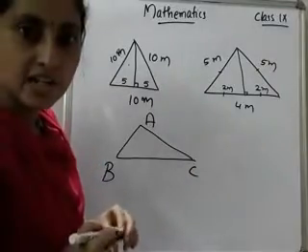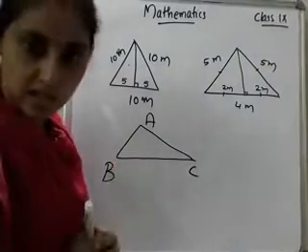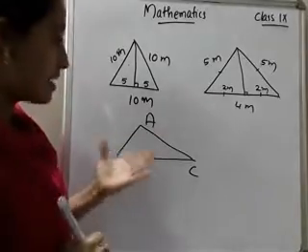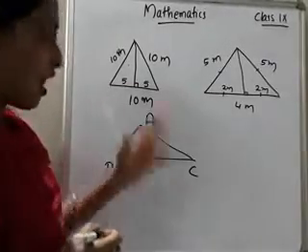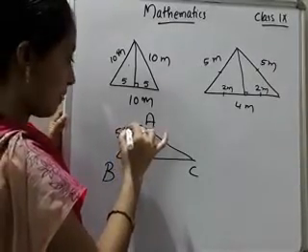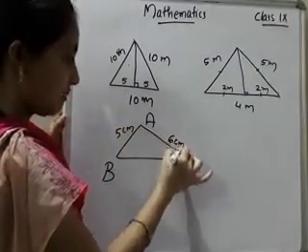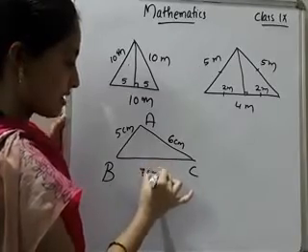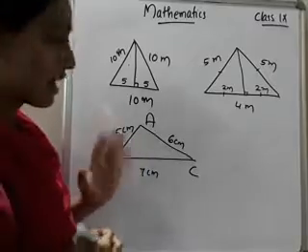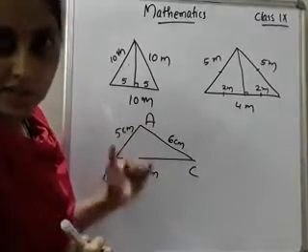Here we have given all the 3 sides: this will be 5 centimeter, this will be 6 centimeter and this will be 7 centimeter. So you want to find the area of this triangle.